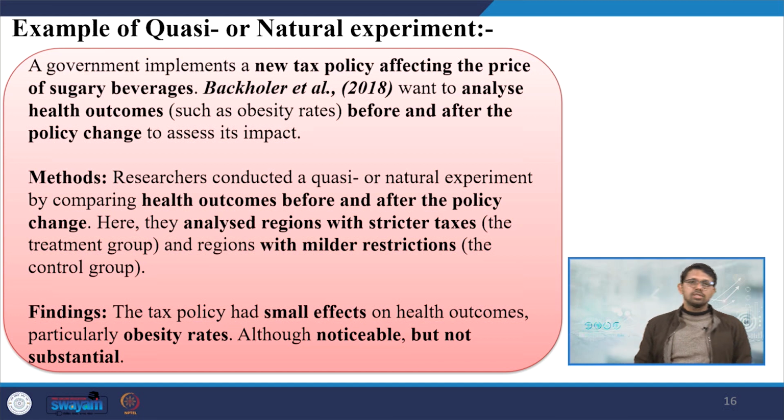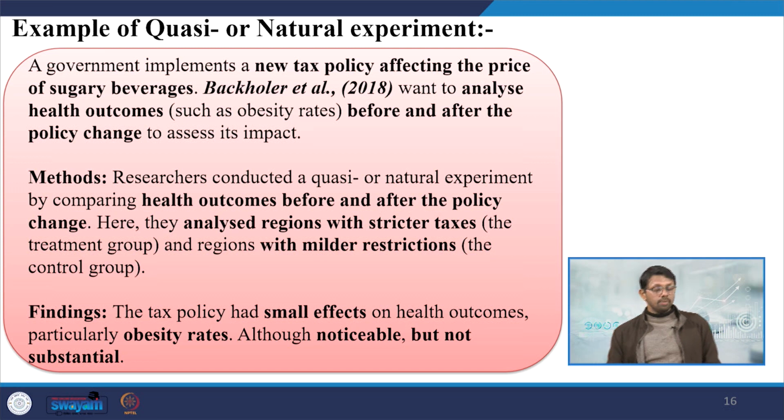An example we are putting here is where a government implemented a new tax policy affecting the price of sugary beverages, as mentioned by Backholer et al. 2018, who wanted to analyze health outcomes such as obesity rates before and after the policy change to assess its impact.